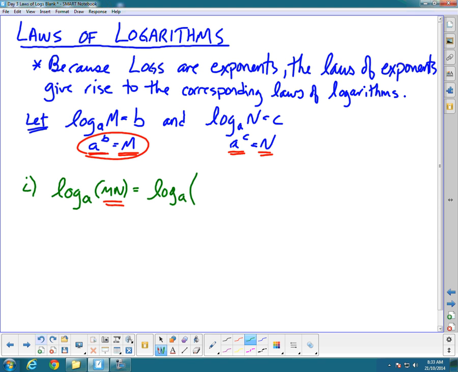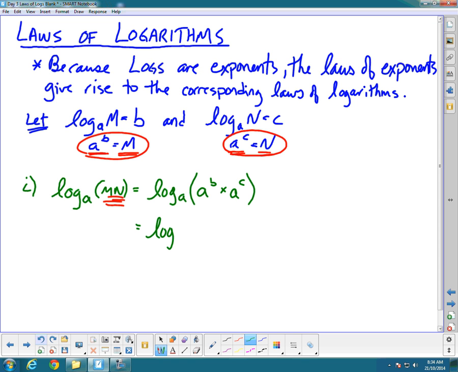M is the answer of a to the power of b. And n is the answer when we do a to the power of c. So I took this product mn and I just replaced it with the exponents, or the powers.